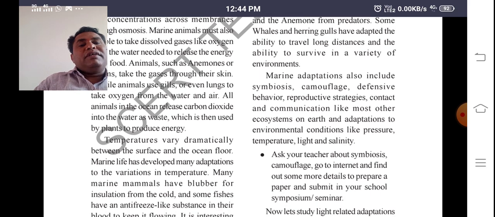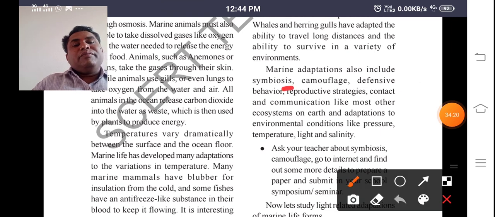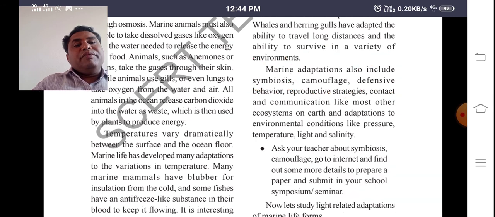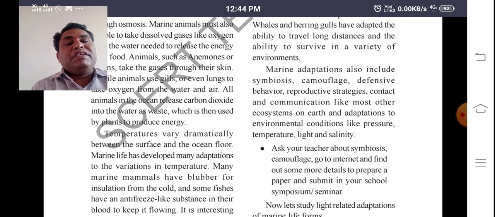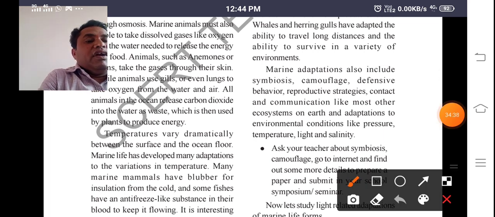So marine adaptations also include mainly symbiosis, camouflage, defensive mechanism, behavior, reproductive strategies, contact and communication. Like most other systems on the earth, adaptations depend on environmental conditions like pressure, temperature, light, salinity. So finally, what are the adaptations?